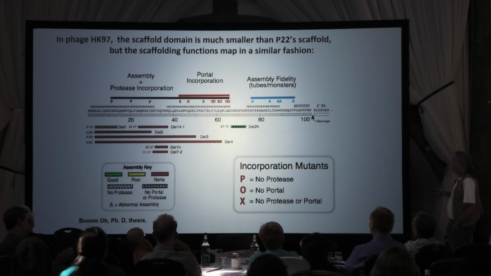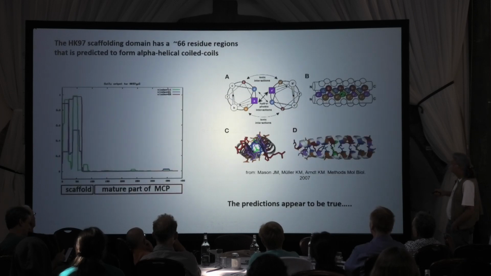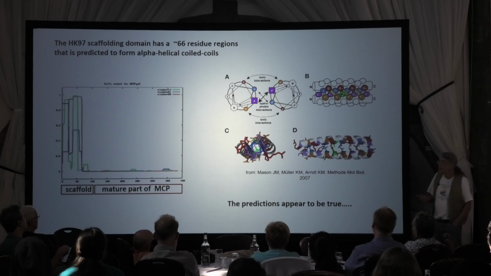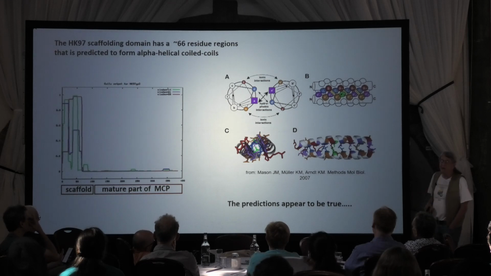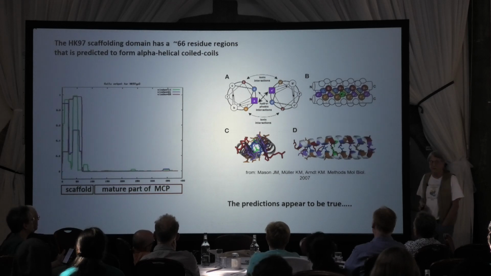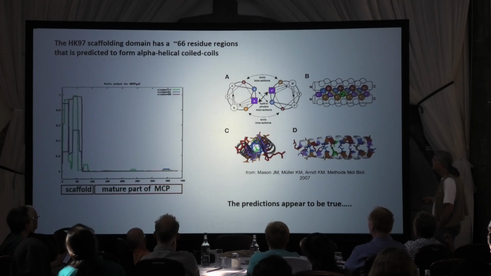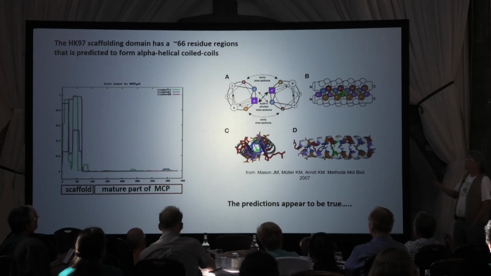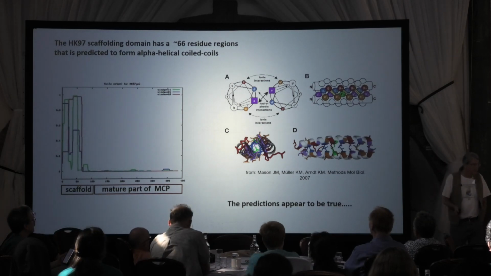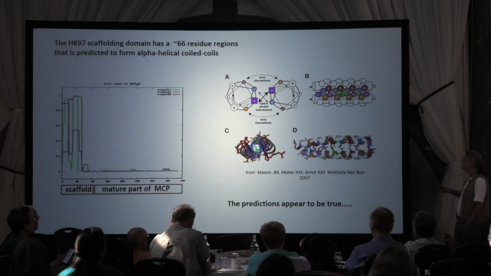Let me continue here. So the other thing about the scaffolding domain of HK97 is that it was long ago predicted to be largely alpha helical for the first like 70 amino acids. So, coiled alpha helices. Coiled coils are easy to recognize because they have these special properties.